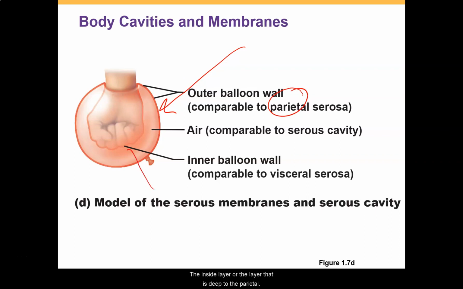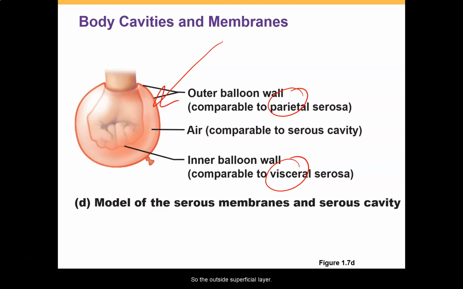The inside layer, or the layer that is deep to the parietal, is known as the visceral layer. So the outside superficial layer, parietal layer, the deeper layer, the visceral layer.